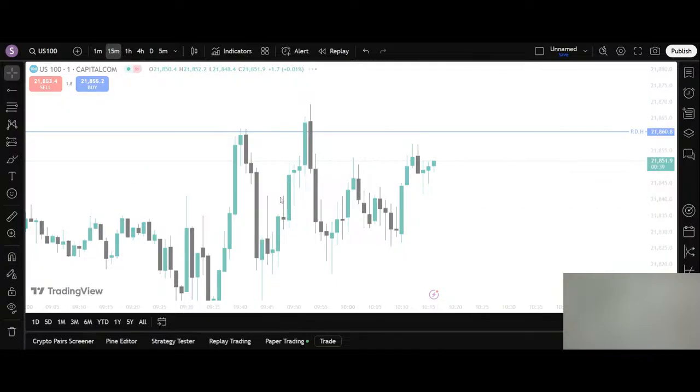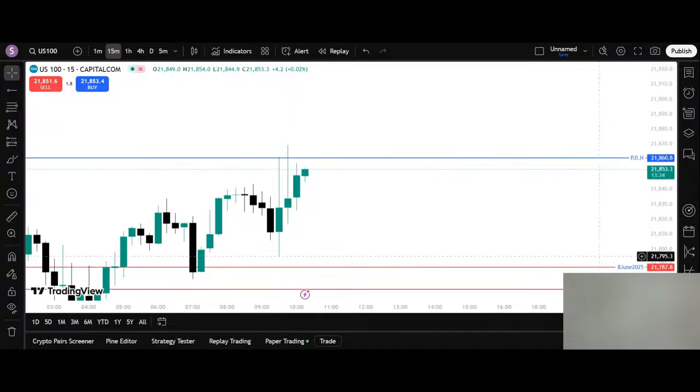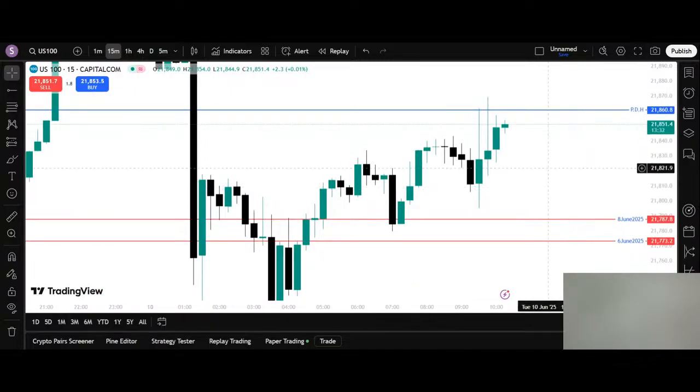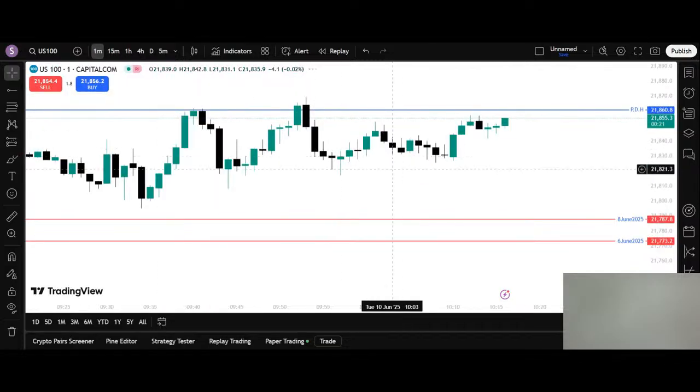The 15-minute candle has closed bullish. We could be looking for a buy. But personally, I would like to see it break here, and then I'll find a buy entry on lower time frames.